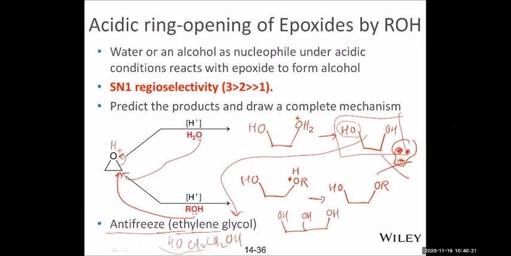The reason why we use that as an ingredient in antifreeze is because it can form a lot of hydrogen bonds. So this compound has a very high boiling point and mixes with water extremely well. So it basically retains the water, making the coolant antifreeze, which can stay liquid much better than without.